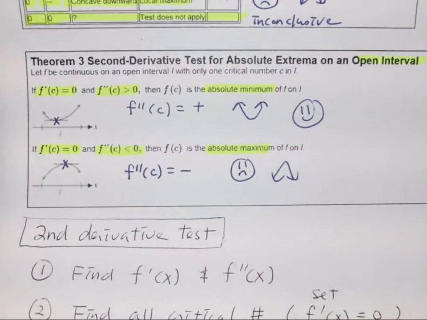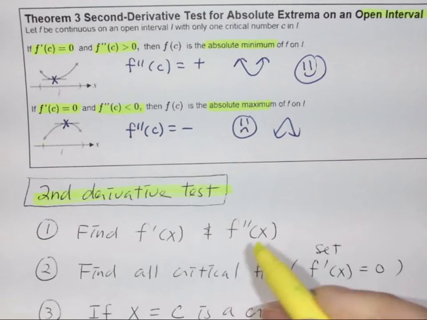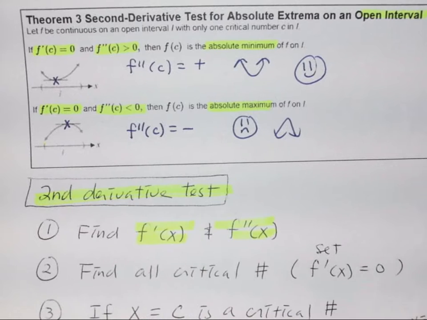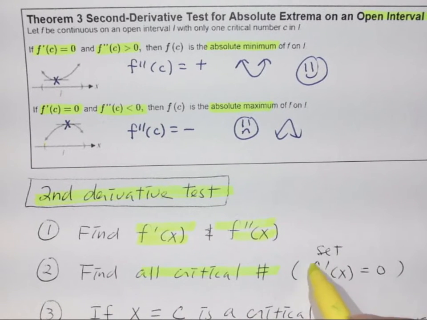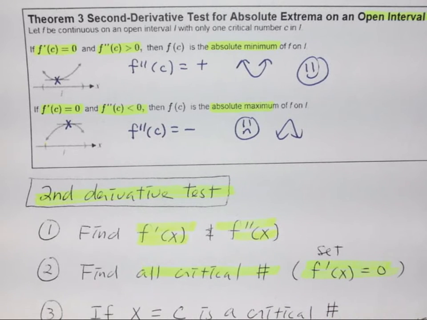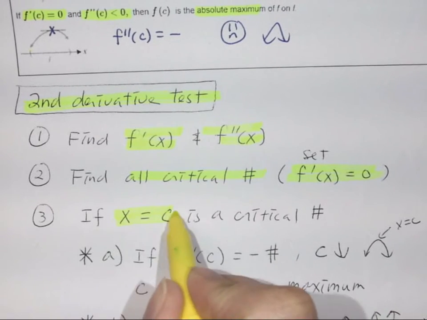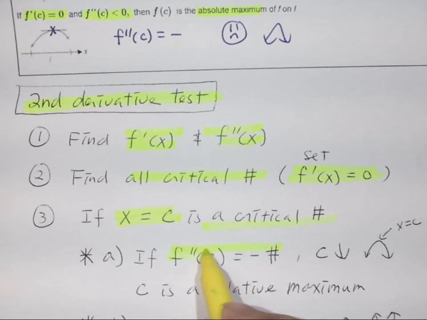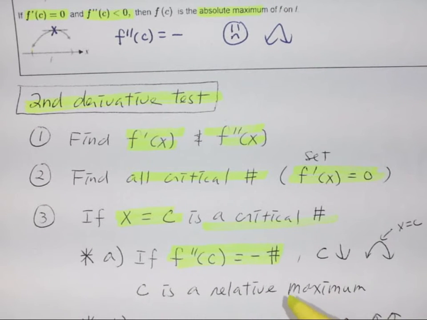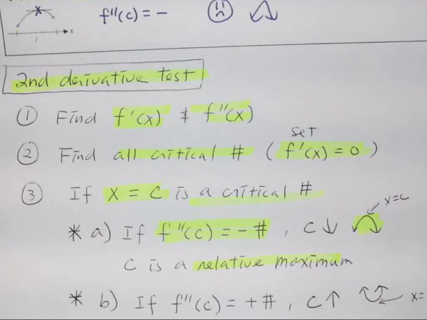So for this page, we talked about taking the first and second derivative. When you've found those, you can find the critical number or critical value by setting the first derivative equal to 0 and solving for x. After you have that, you use x equal to that number, your critical number. If you plug it into the second derivative and get a negative outcome, then you have concave down, and that is your relative and also absolute maximum.